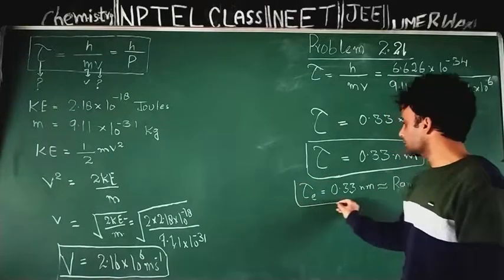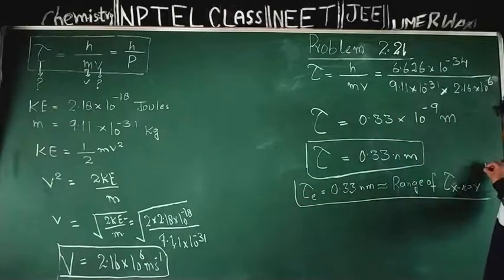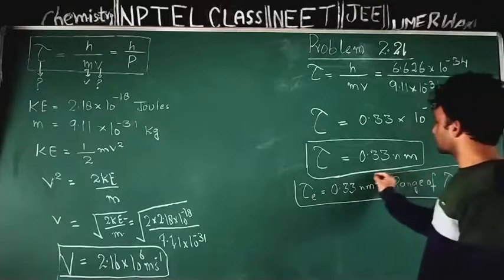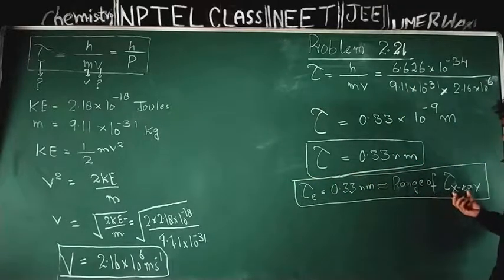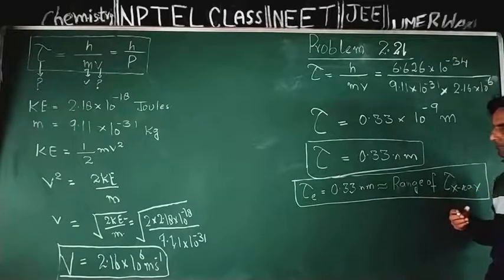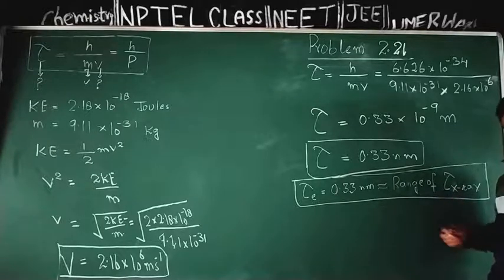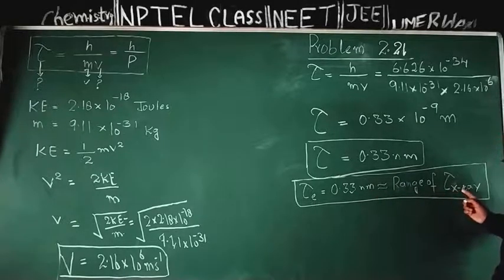This is very important information, that wavelength of wave associated with moving electron falls in the range of wavelength of X-rays. Wavelength of X-rays is of the order of 0.01 nanometer to 10 nanometer, and this value lies in this range.